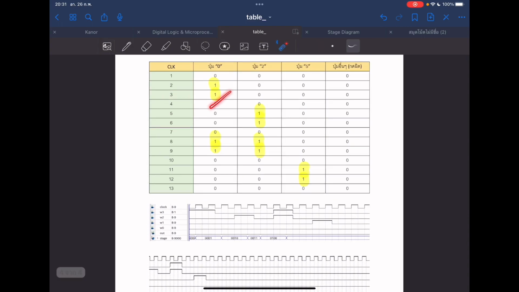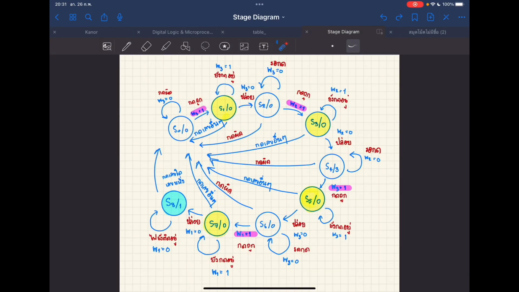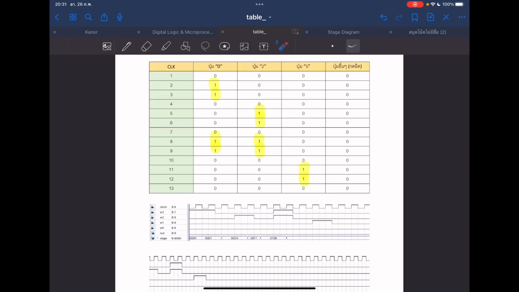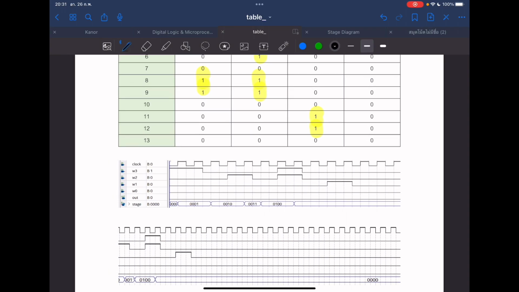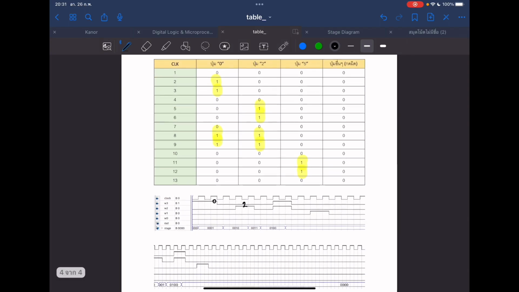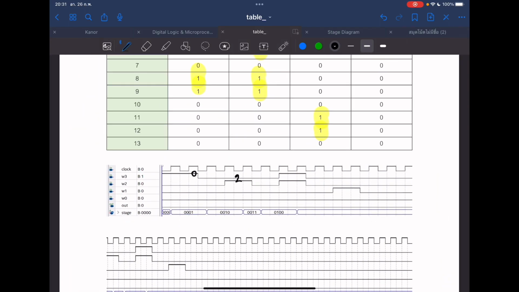And we press 2 numbers right, 2 numbers right, and then we release it, it should wait for us at stage 4. And this one, 0 to, and this one is stage 4.